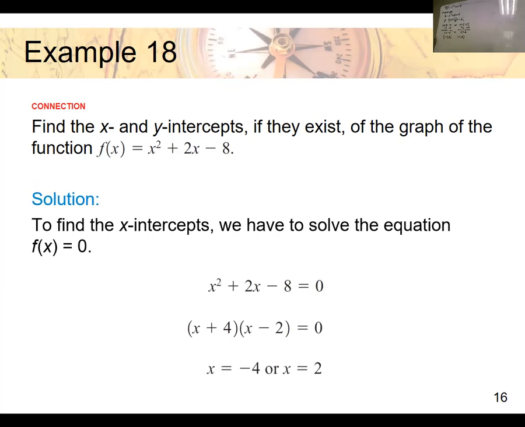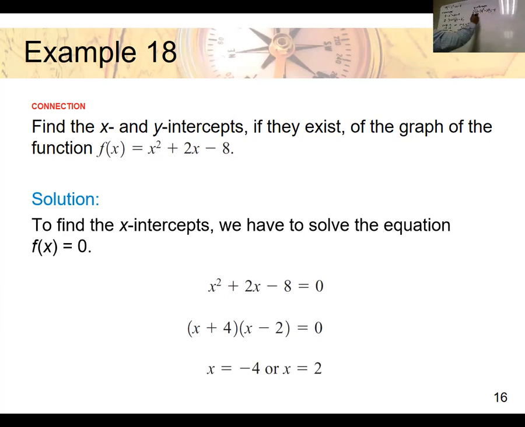Now for the y-intercept. There's only going to be one y-intercept. Anytime you're finding the y-intercept, we evaluate f of 0. That means I just substitute each x in this function with 0. So this will be 0 squared plus 2 times 0 minus 8.